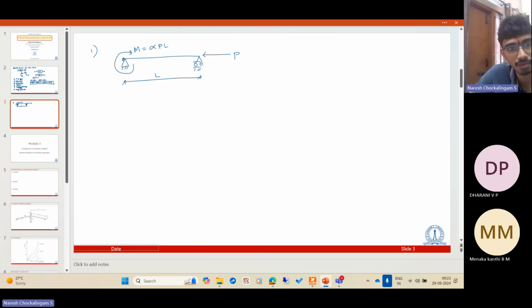So what happens? So this beam will be initially deflected in some shape like this, and this P is acting upon the deflected shape. So this could be the lateral deflection delta, and this P is acting upon delta. So at every section, there is an additional moment which is P times delta. So this is the additional moment at every section.